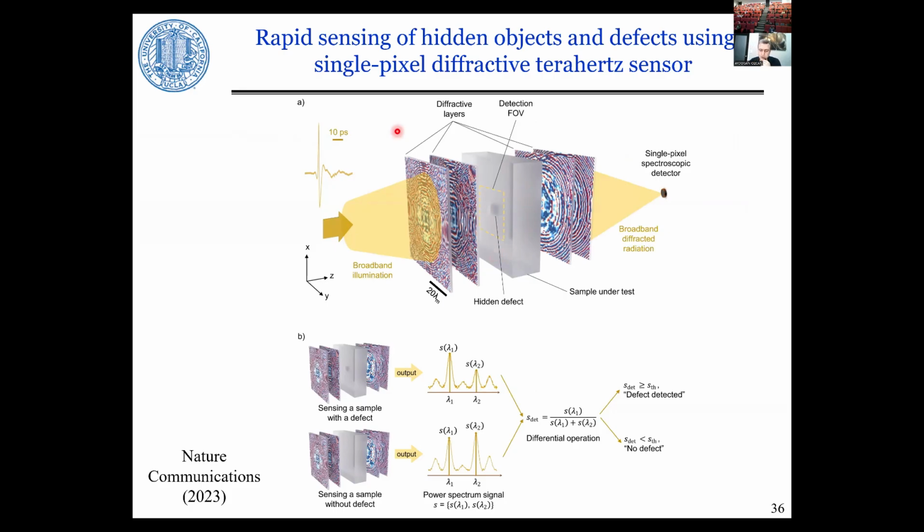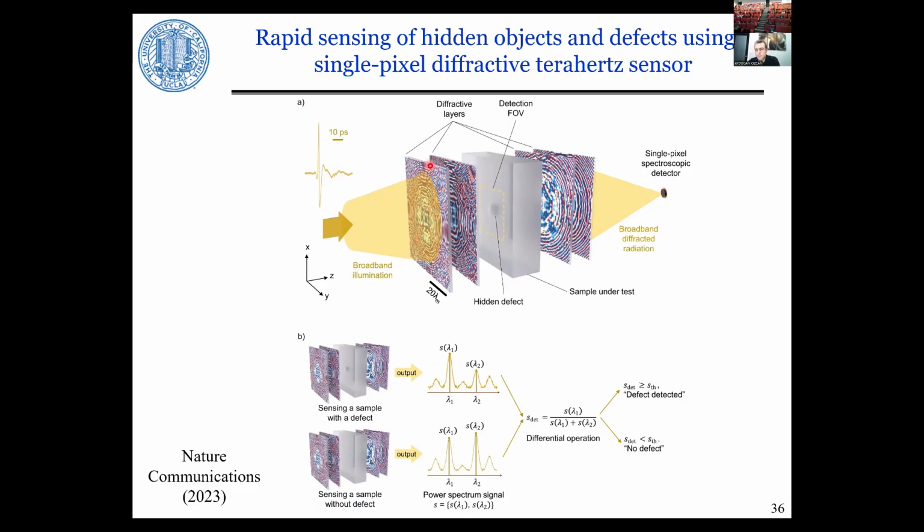And recently, we've demonstrated rapid sensing of hidden objects with a single pixel terahertz diffractive system. Different than visible wavelengths, of course, terahertz has some unique properties, one of which is to be able to see through clothing, packaging. Think of a problem where there's a packaged product like a pharmaceutical. How do you know if there's a defect without opening it? That's exactly the kind of problem that we're addressing here.